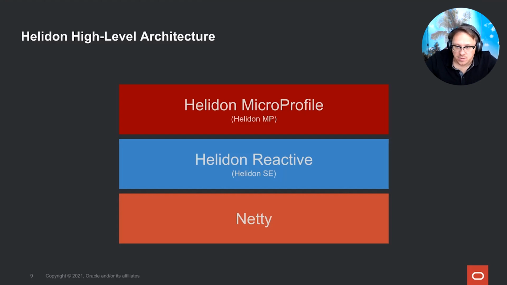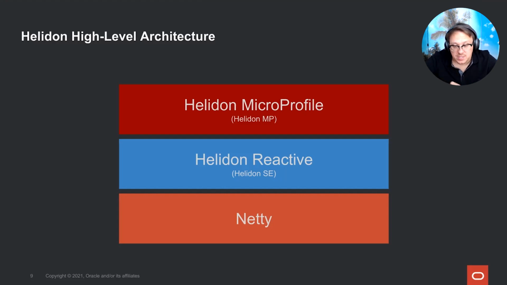So this is the foundation, the low-level stuff. And on top of it, there is a layer, possibly the common usage layer, which is called Helidon MP, and MP here stands for MicroProfile.